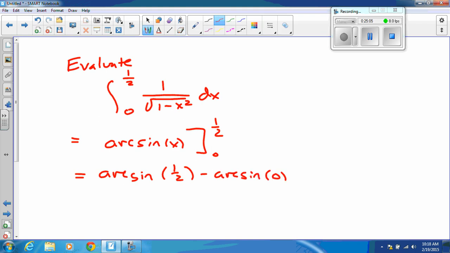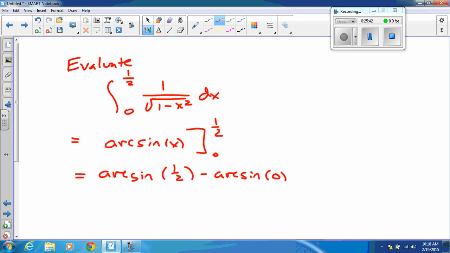What is the arc sine of 1/2? What is the inverse sine of 1/2 without calculating? Pi over 6. How do you know? If you take the sine of pi over 6, you get 1/2.